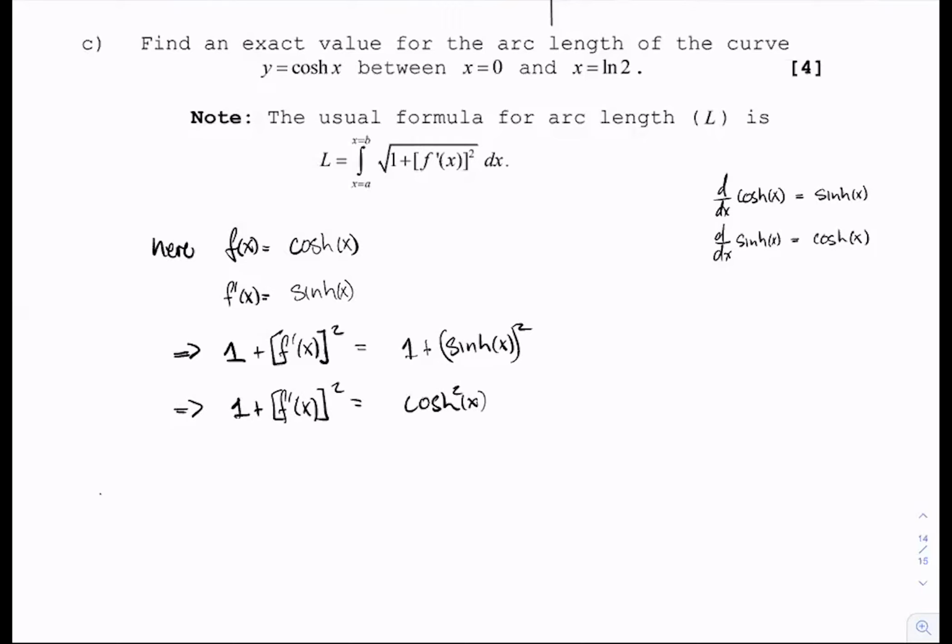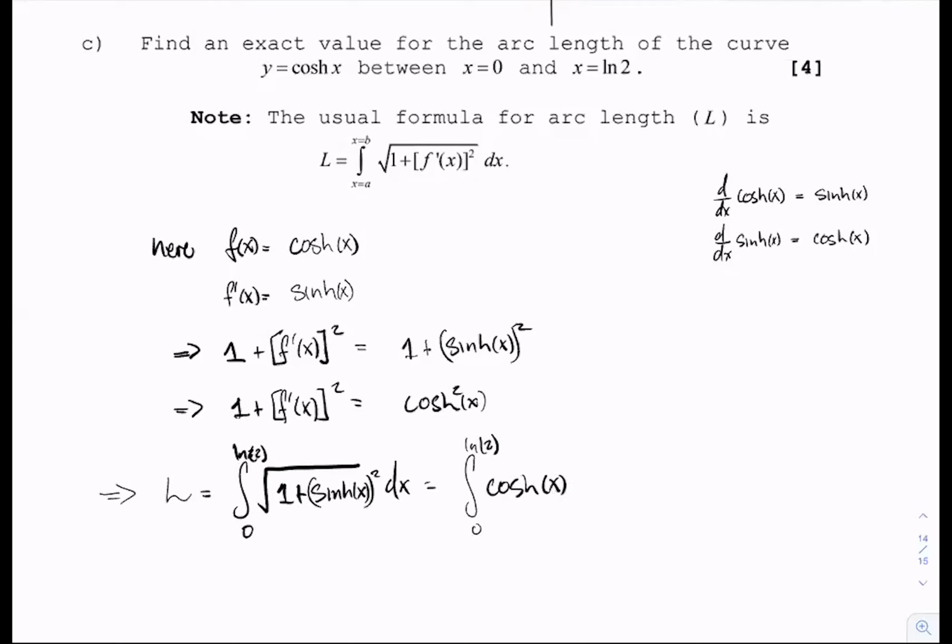So now our formula L equals the integral from 0 to ln 2 of the square root of 1 plus sinh of x squared dx is actually equal to the integral from 0 to ln 2 of cosh of x dx, right?